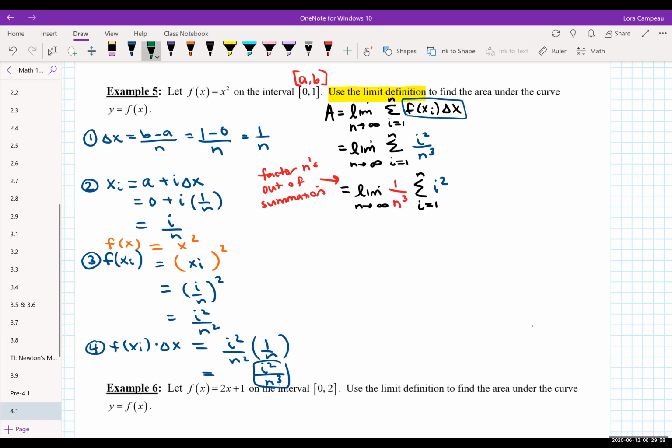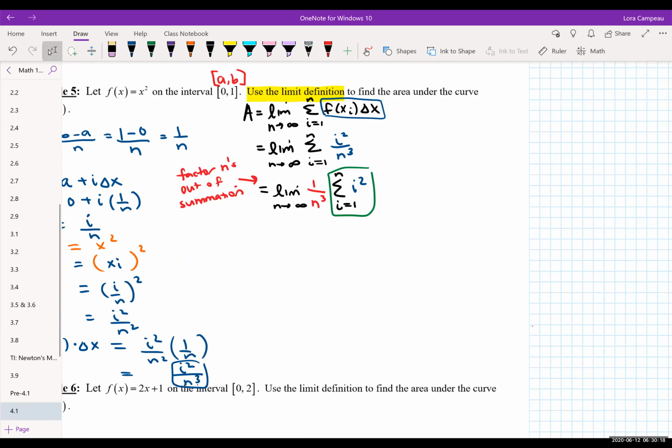So now we say, wait a second, we have a sum of a square, and we have a formula for that. So instead of continuing to use the summation notation, you can get rid of it by understanding what the sum of a square is, or all the numbers squared.